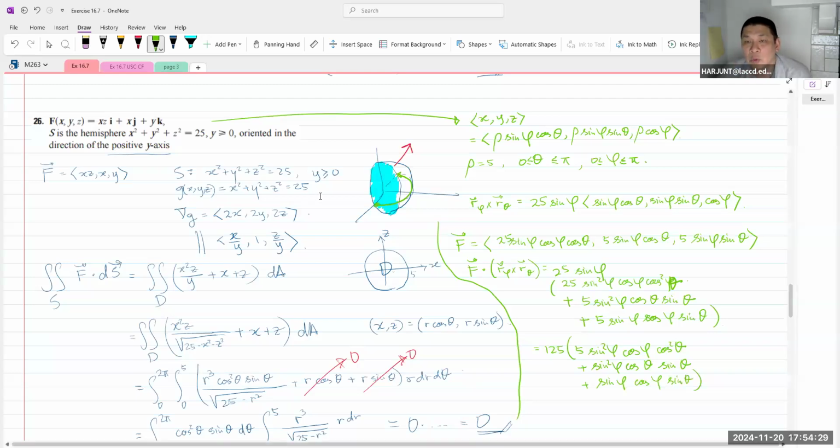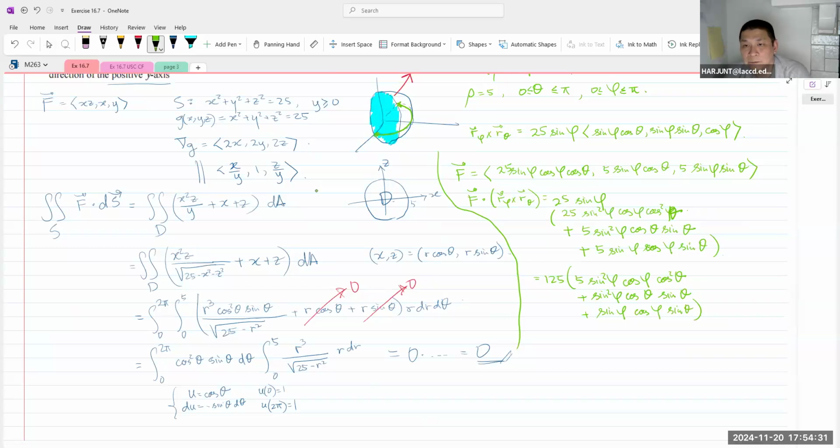Now the thing is, when we do the integration later on, the theta will be from 0 to pi and the phi also from 0 to pi. So we have 125 sine phi and so on, d phi d theta.